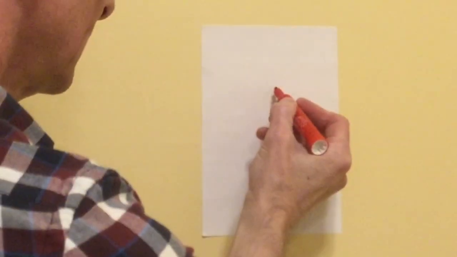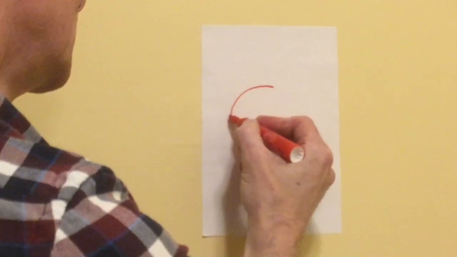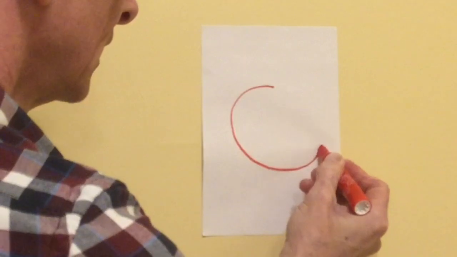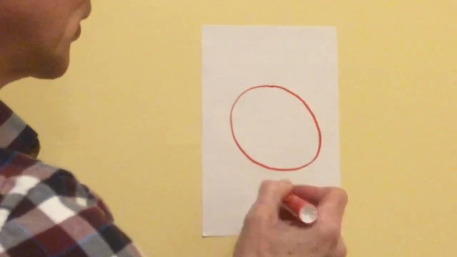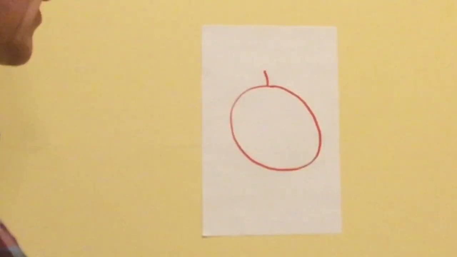Okay, so let's draw a circle and make an apple. So here comes the circle and we'll go around. Sometimes circles can be tricky. Around. Okay, that's kind of a circle shape. And then, let's add a little stem for our apple so it looks a little bit more like an apple.